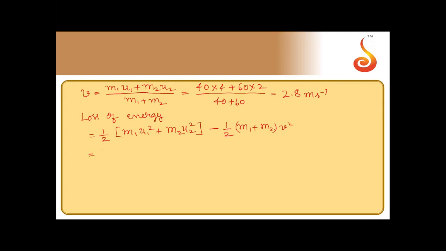Now, substitute and simplify. Half into 40 into u1 is 4, 4 square is 16 plus m2 is 60 into u2 is 2, 2 square is 4 minus half into 100 into V is 2.8 square.